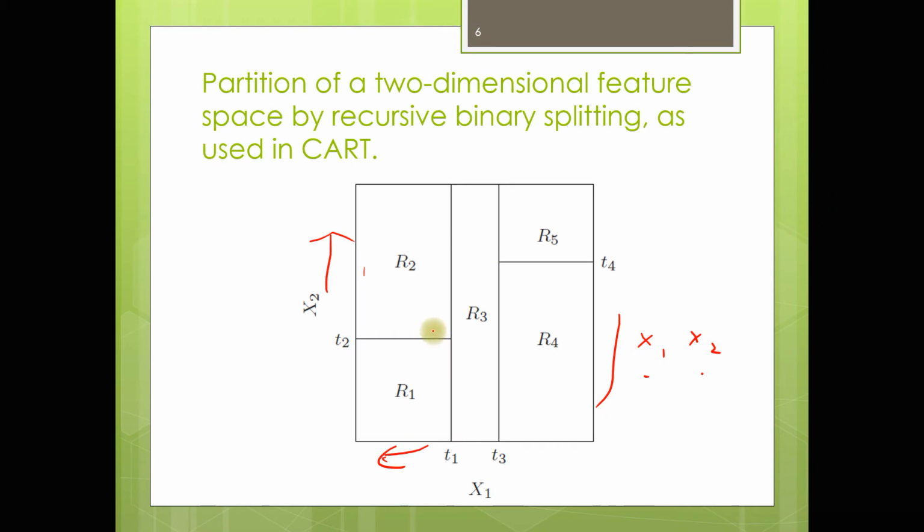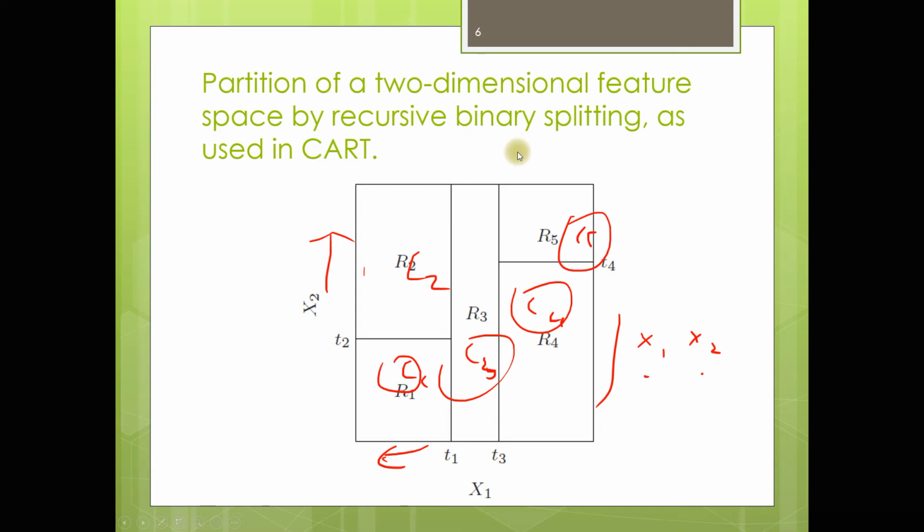You are fitting a model into these different regions. So here you would have C2, here you would have C1, C3, C4, and C5 being fitted. And these C3, C4, C5, etc. was the predicted log salary, for example, in the first example that you saw.